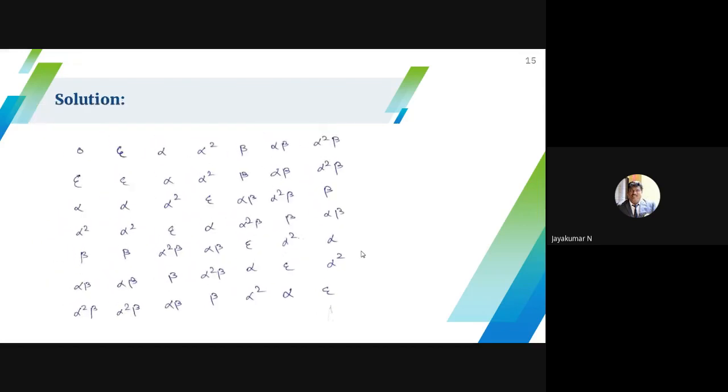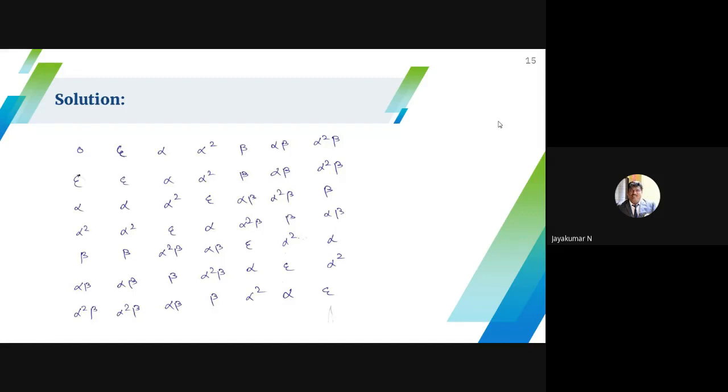So the given set is a finite set whose elements are 6. Easily I can make a Cayley table. Write epsilon, alpha, alpha square, beta, alpha beta, alpha square beta, along the rows and columns. Six elements.